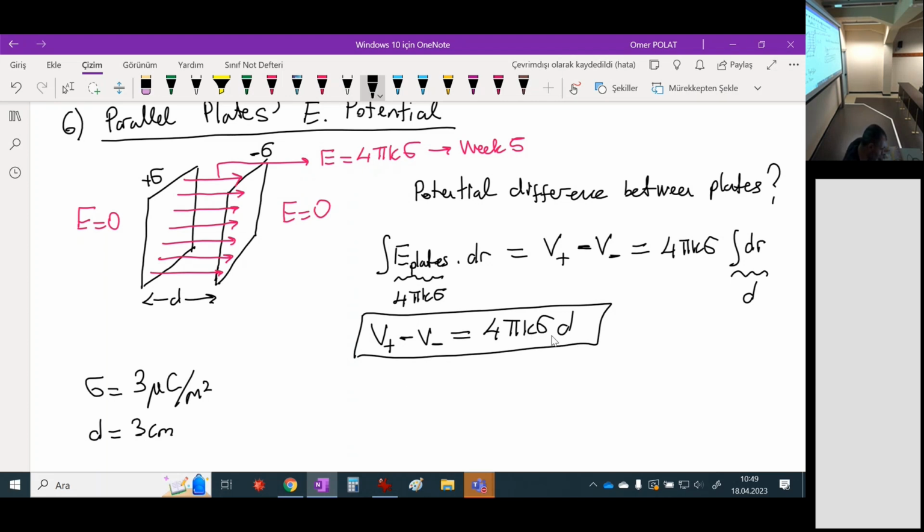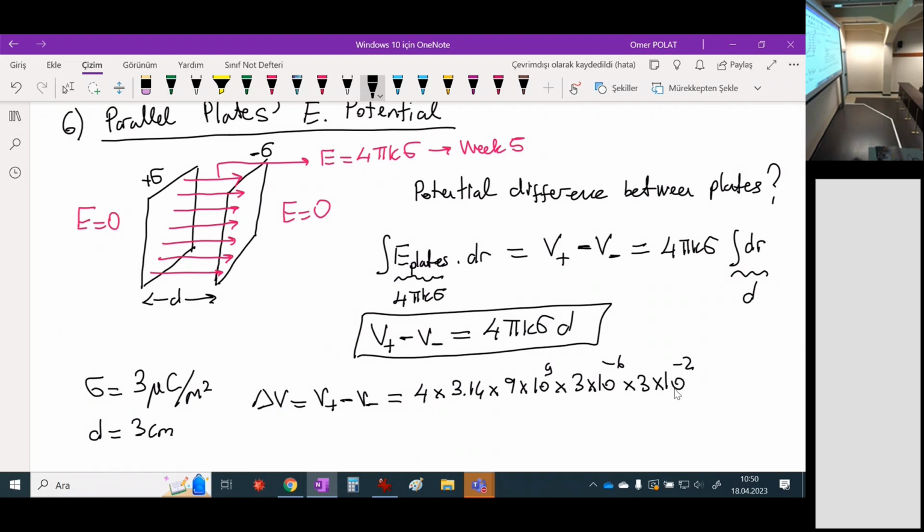So if I substitute these values in the equation, delta V, the potential difference, V plus minus V minus, equals 4 pi, 9 times 10 to the 9, Coulomb constant, sigma 3 times 10 to the minus 6 coulomb per meter square, and this is centimeter, 3 times 10 to the minus 2.